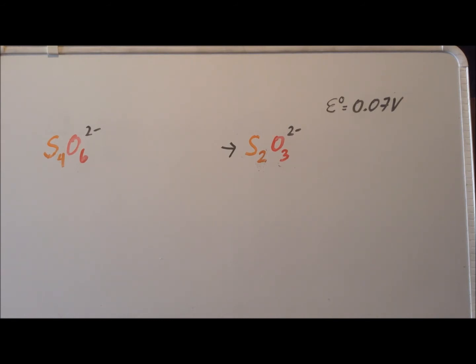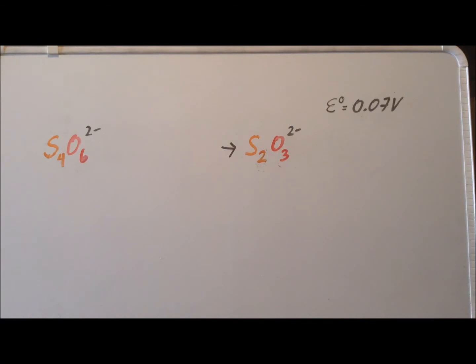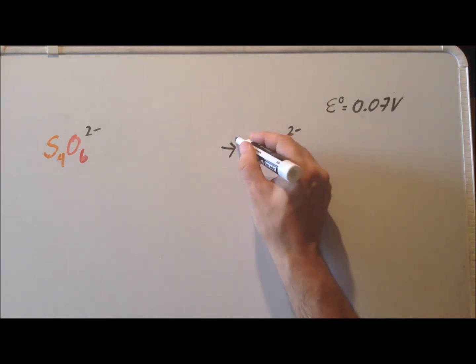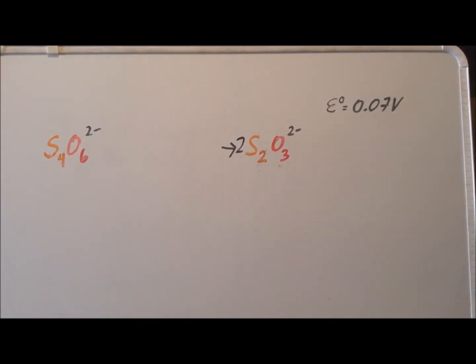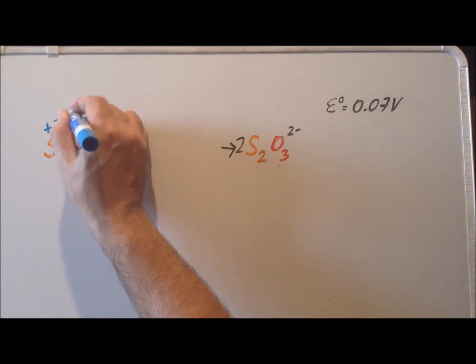We know that we have to balance the number of sulfur atoms on each side. And we notice that we have 2 on the right-hand side, 4 on the left, so that we require a coefficient of 2. As far as oxidation numbers, we recall from what we just worked on that the oxidation number in tetrathionate ion has the strange but useful value of 2.5.